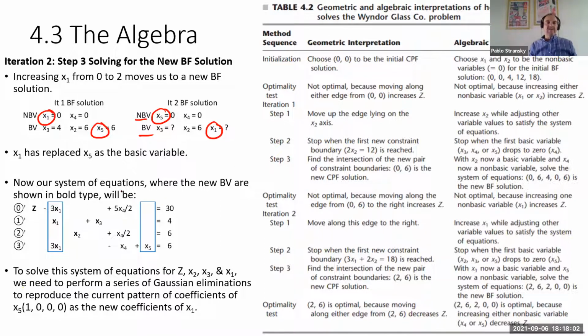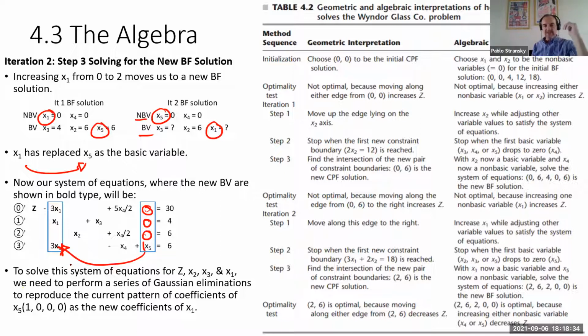And now my system of equations for the new basic variables, shown in bold type, will be these ones. The ones in bold are the basic variables. That's how we distinguish. Now because we exchange x1 with x5, that means that the pattern of coefficients that we got here, now we want for x1.